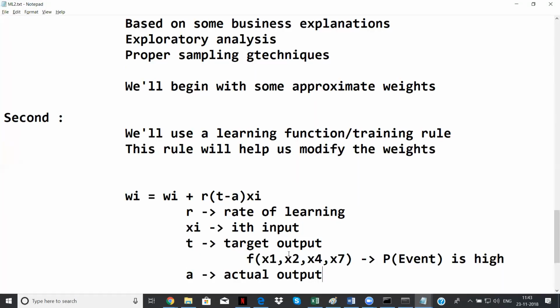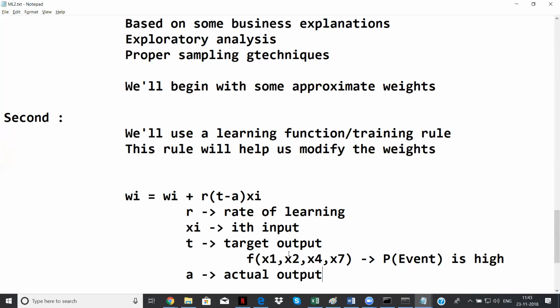So T minus A, your target output minus your actual output. Target output is that you're expecting something to be 1, or you're expecting a certain value, like let's say 200.7. But your actual output is something else. Let's say your actual output is 195, or 300 or 230. Not what you are expecting, right?